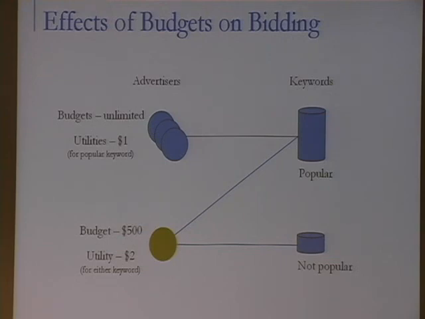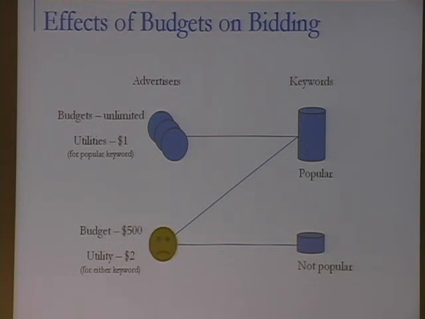Now, when I just have everybody bid truthfully in the system, what's going to happen? Well, every time the popular keyword is shown, the budget-constrained advertiser is going to win the auction. Let's assume the click-through rates are all equal. He wins because he has a higher utility than the unlimited budget advertisers, and he's going to pay $1 every time, and he's going to quickly run through his budget.